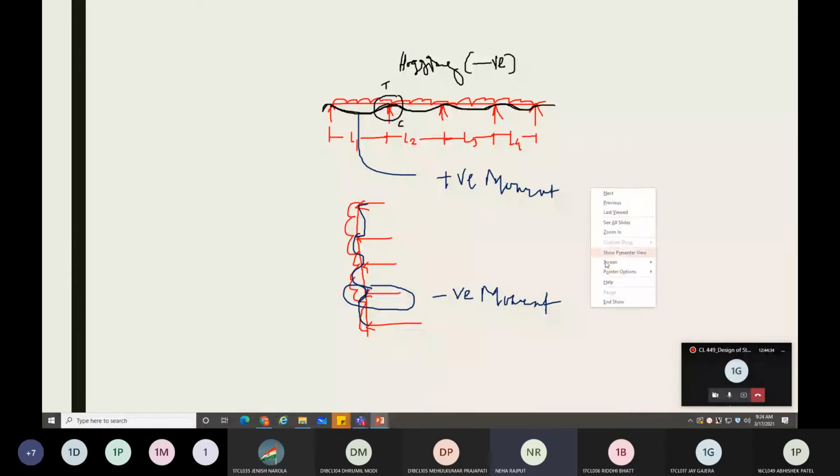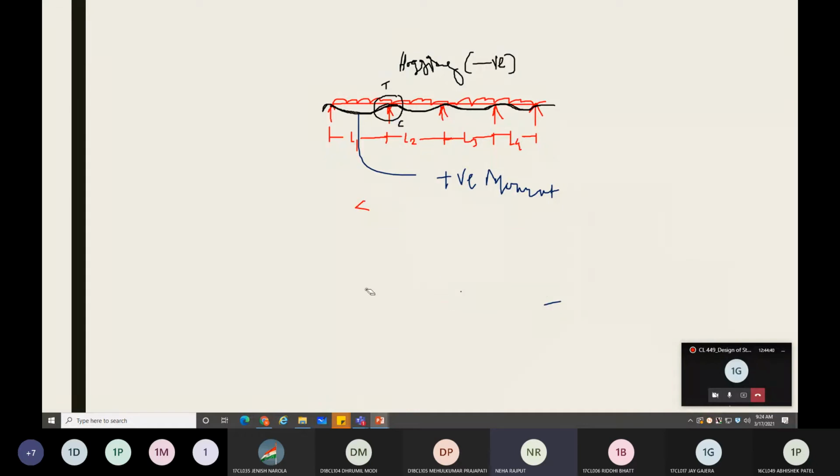Now how you can see over here, suppose I have some beam, suppose this is my continuous beam, having some supports at regular intervals. I'm just taking this part.